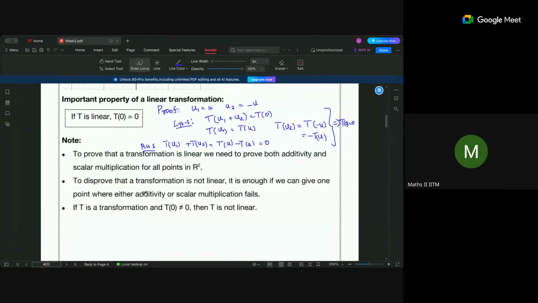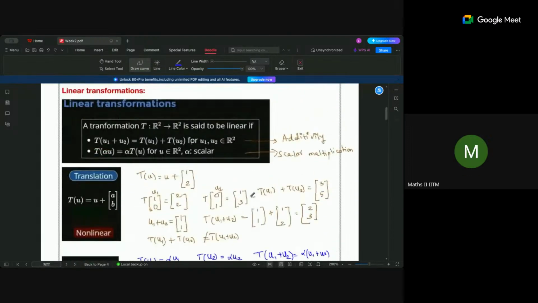Alright. So here I'm just making a recap. So to prove that our transformation is linear, we need to prove both additivity and scalar multiplication for all points in R2. Okay, to disprove that a transformation is not linear, it is enough if we can just give one point where either additivity or scalar multiplication fails. That is what we have done, if you remember.